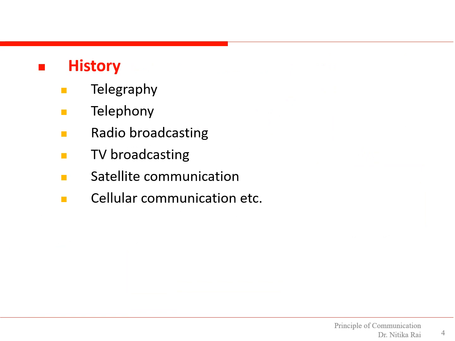Now, before we start with the classification of communication systems, let us take a quick look at the history of communication systems. Humans always had a need to communicate. Initially, they used semaphores, that is waving of flags, smoke signals, or human messengers to send messages over long distances.